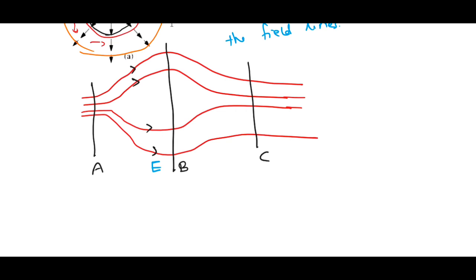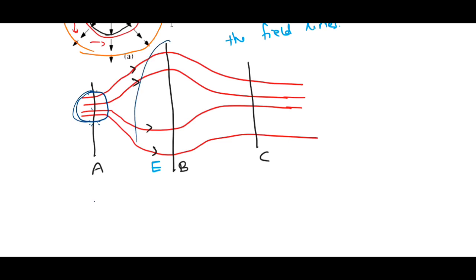Here if you see the number of electric field lines, or where the electric field lines are lying closer, that is, if you consider a certain area, the number of electric field lines in this area is larger, therefore here the field strength is stronger, therefore the intensity of the electric field at A is larger.